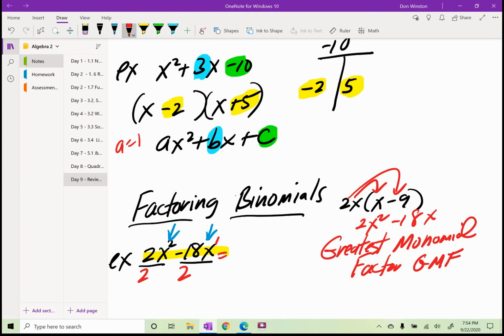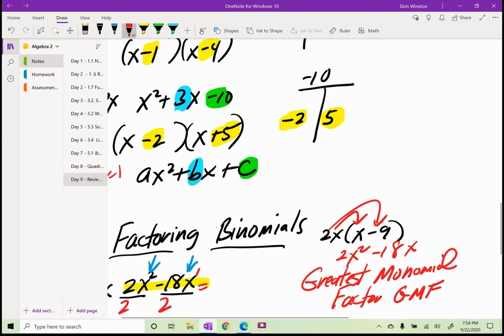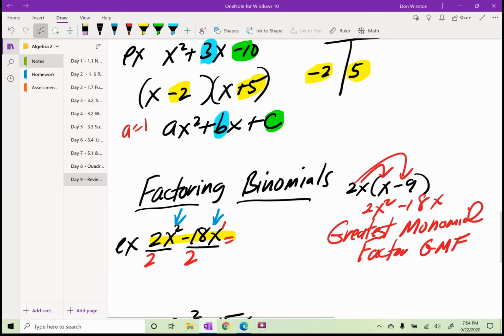Just to recall, the largest variable that divides evenly into x squared and x is x. If I had x to the 4th and x to the 2nd, the largest variable that would divide evenly into both would be x squared.